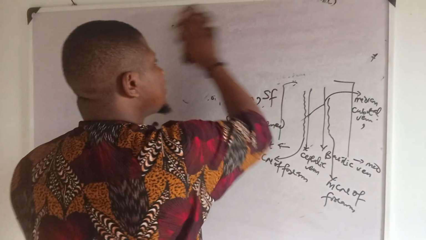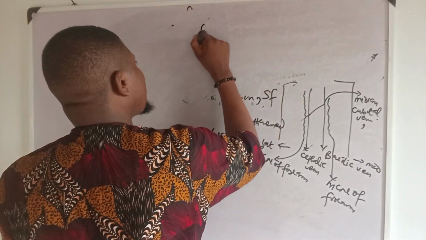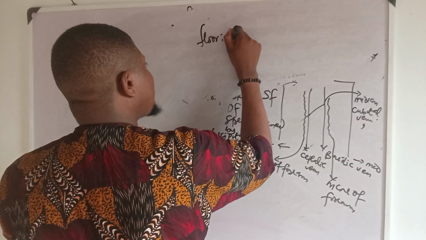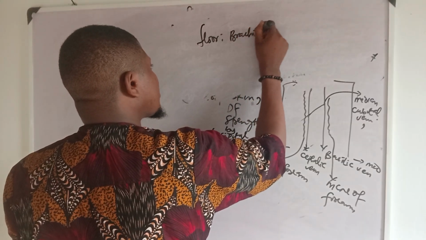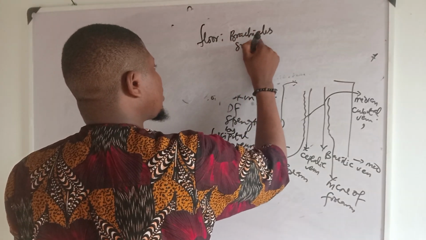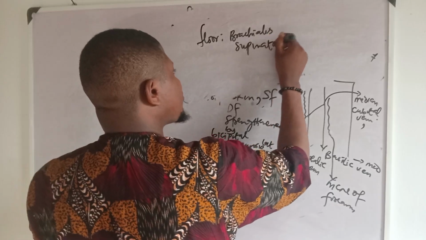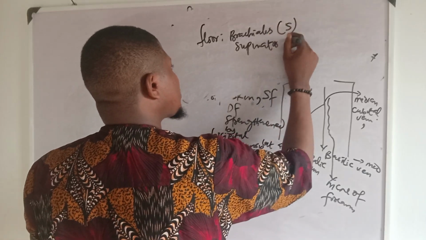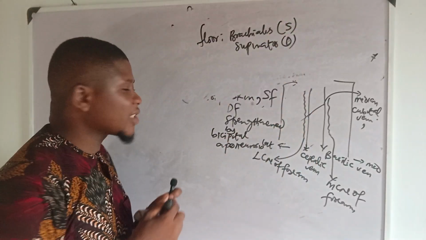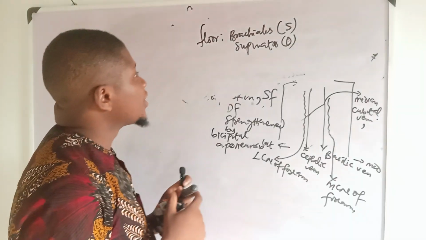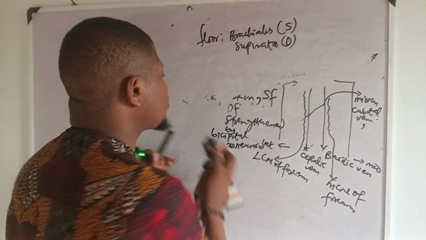So the floor is formed by brachialis and supinator. This one is superficial, this one is deep. Okay, then I think we are done with the floor. So the next thing is the boundaries.